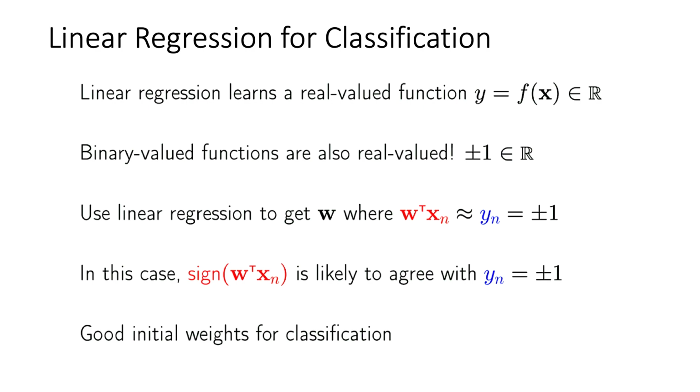And then we can either leave it as it is if we were happy with the results, or we can start training using our previous classification methods that we knew, using PLA or pocket algorithm, right? Does that make sense so far?